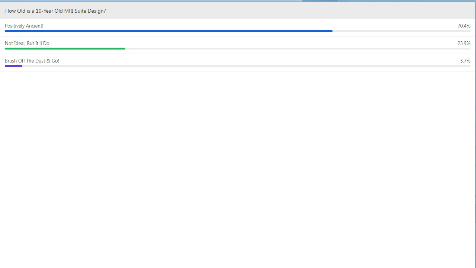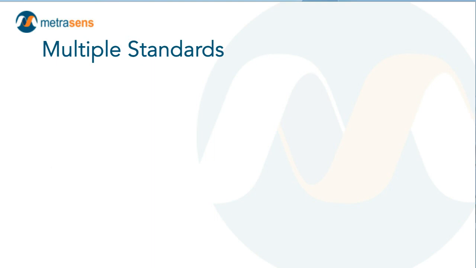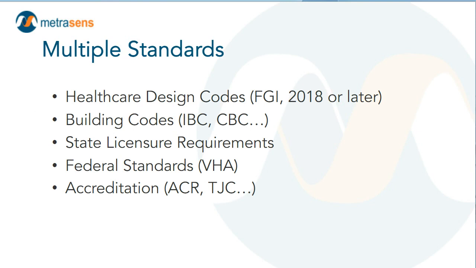So, multiple standards. This is one of the challenges of MRI suite design. We answer to multiple masters. Healthcare design codes: if you have a choice of what healthcare design code you wish to use for an MRI project, please, please, please use FGI 2018, or in just a few months from the airing of this initial webinar, there will be a 2022 FGI available.